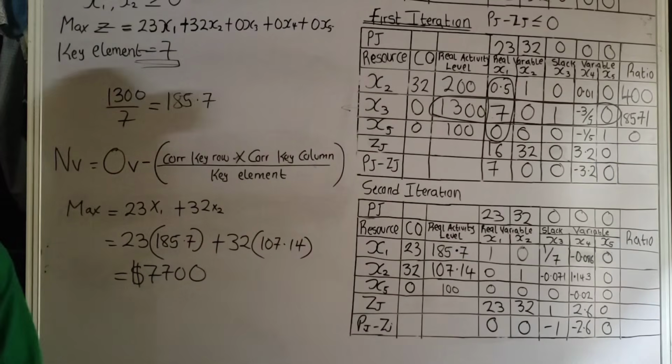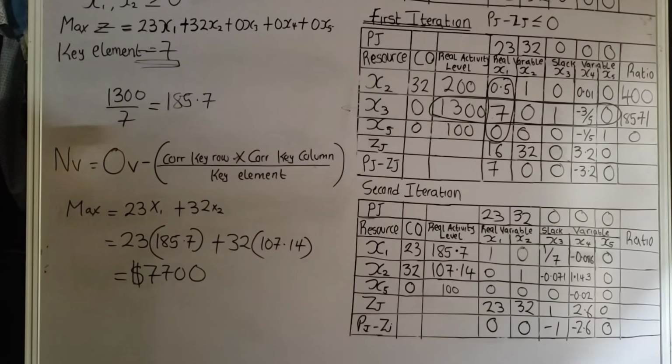When you are given a linear programming problem and you are asked to solve it using the simplex method, the first step is to identify your objective function and the constraints. After that, you are going to change the objective function and constraints into standard form by introducing slack variables.